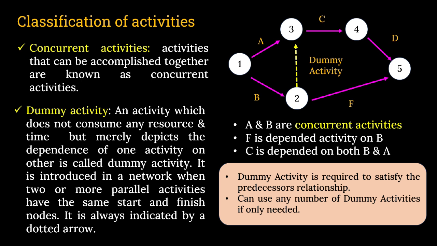It is introduced in a network when two or more parallel activities have the same start and finish nodes. It is always indicated by a dotted arrow. Clear?